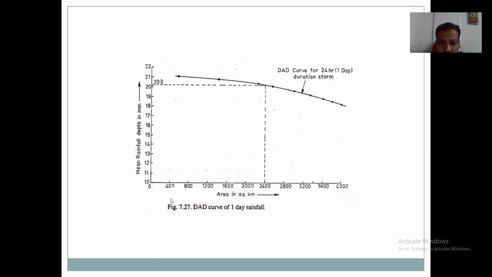See this curve, the DAD curve for 24 hours, for 1 day. The duration storm is shown by this graph. See this, various points at various areas. The rainfall depth is plotted, and those points are joined to get this DAD curve.